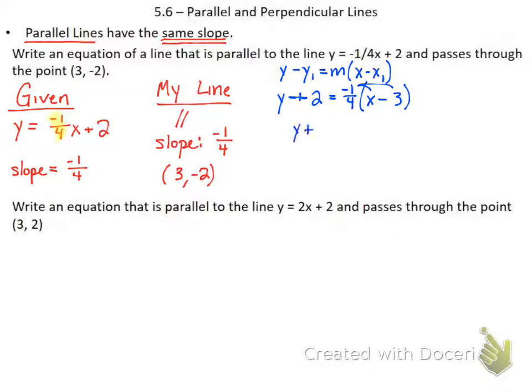So I get y plus 2 is equal to negative 1/4 x plus 3/4, because it's negative 1/4 times a negative 3. Then I can subtract the 2 over to the other side and get y is equal to negative 1/4 x minus 1 1/4.